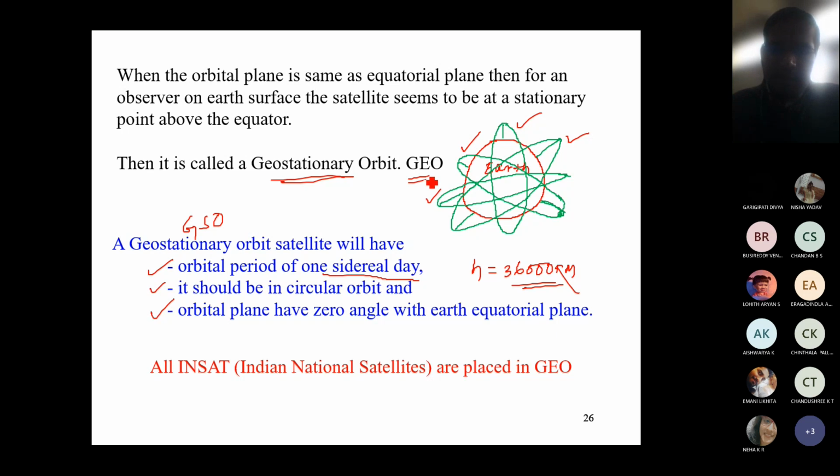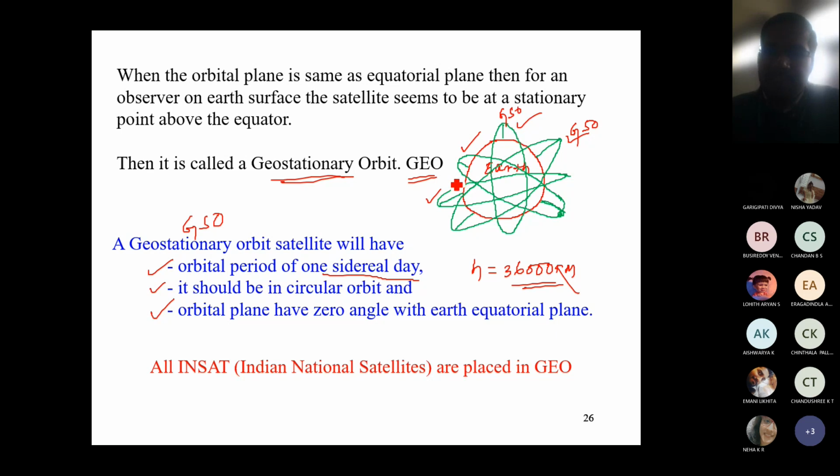Listen to the terms very carefully, because whatever we are going to discuss is very important and very conceptual, and needs to be analyzed within you, because the three-dimensional picture is very difficult to draw here. So as I repeat again, this is one GSO orbit, this is another GSO orbit.